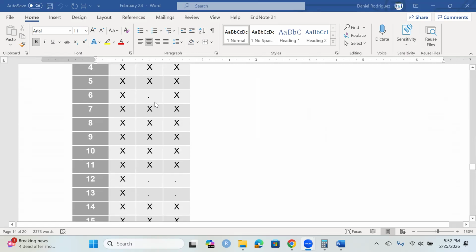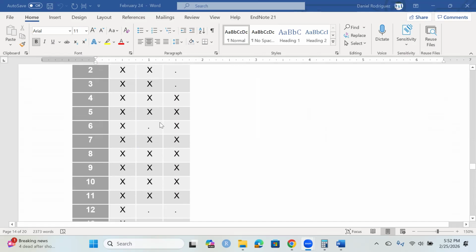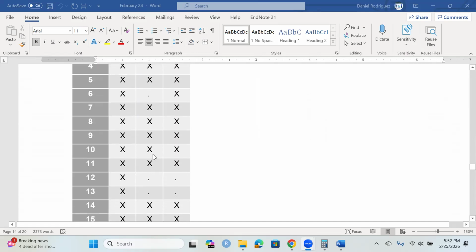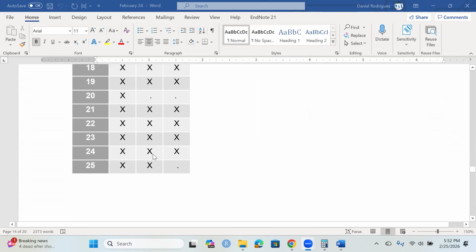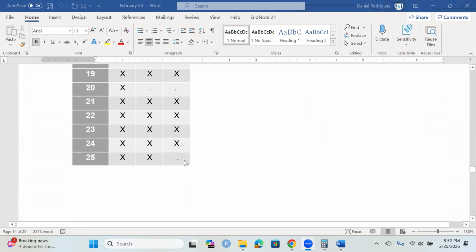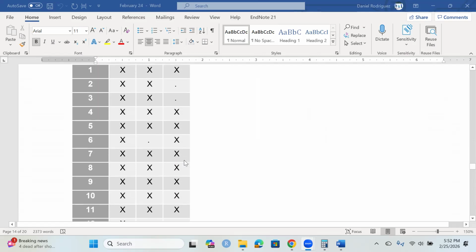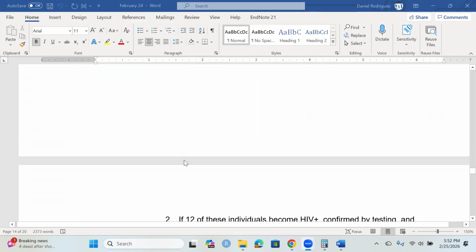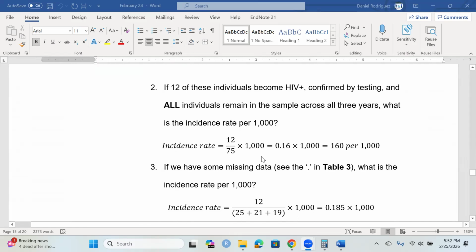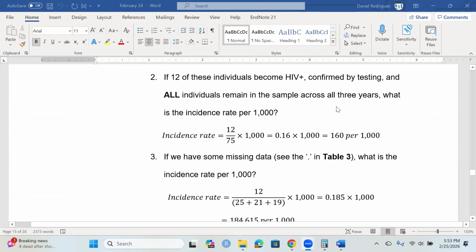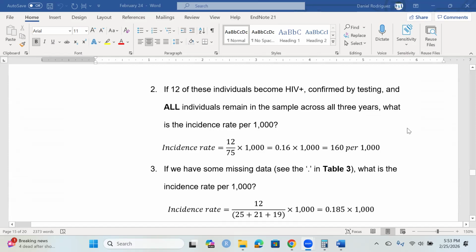The second year there is some data missing, right? 1, 2, 3, 4 individuals missed the second year, and then 1, 2, 3, 4, 5, 6 individuals missed the third year.